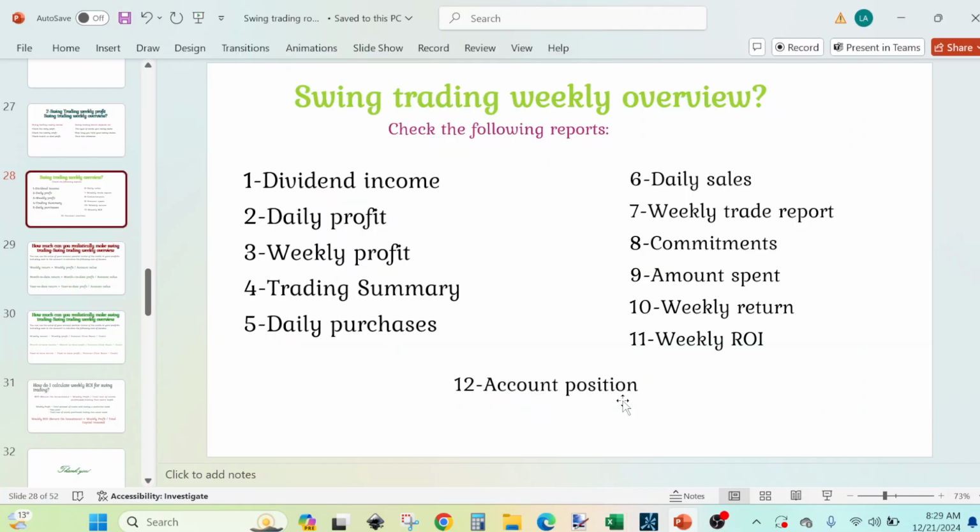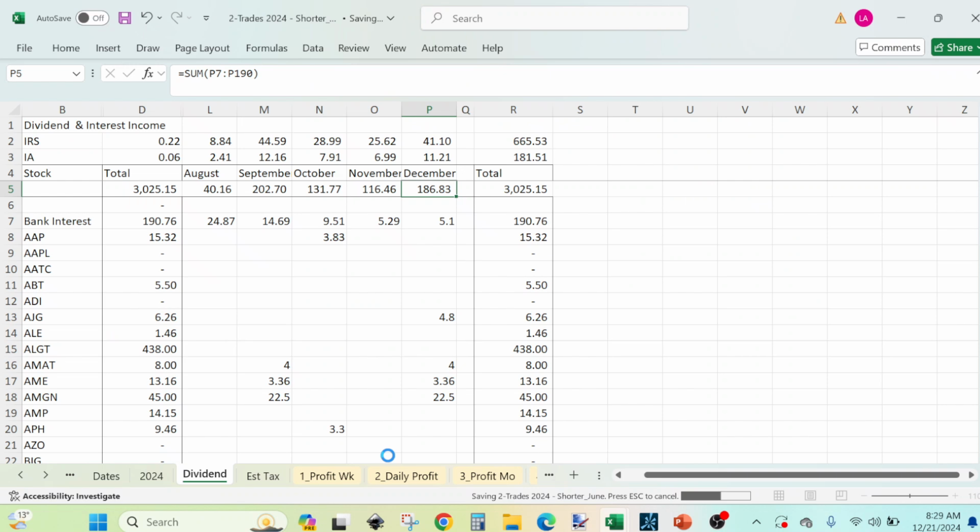There is one that we didn't touch, which is amount spent. So let's get to that, and I don't know what we will find there. I came across it. Amount spent.